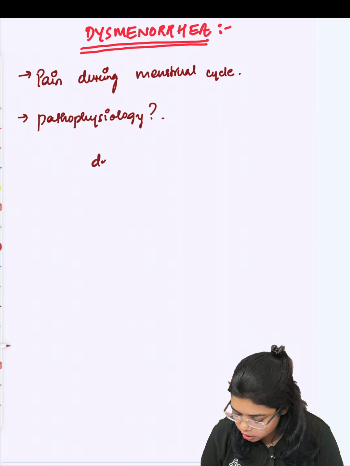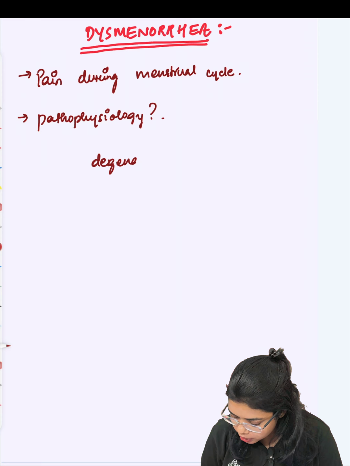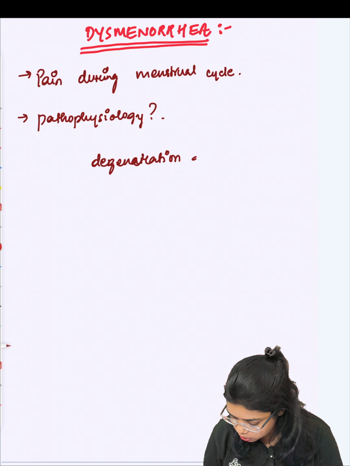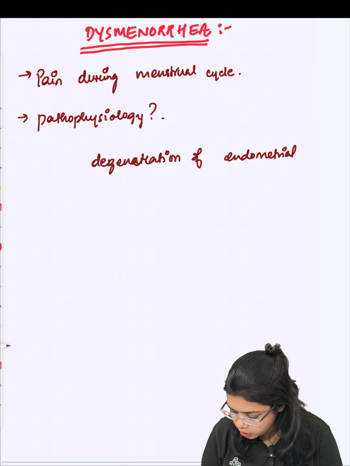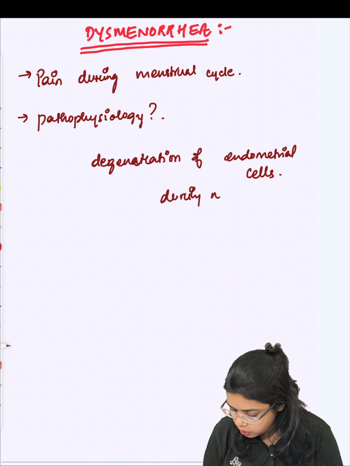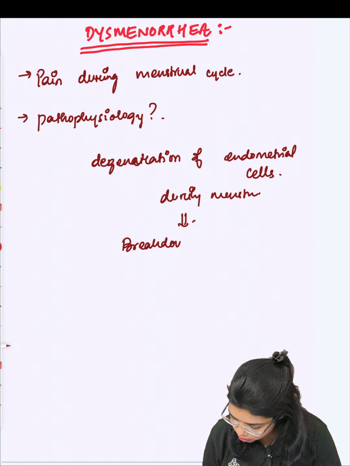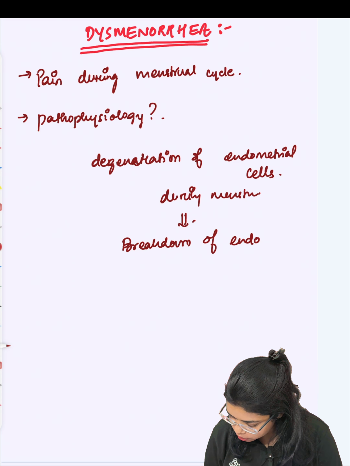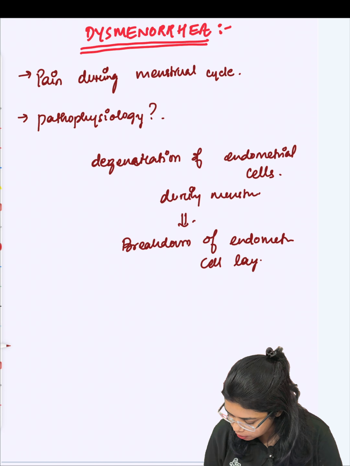So why does it occur? It occurs when there is degeneration of endometrial cells during menstruation, which leads to breakdown of the endometrial cell layer.